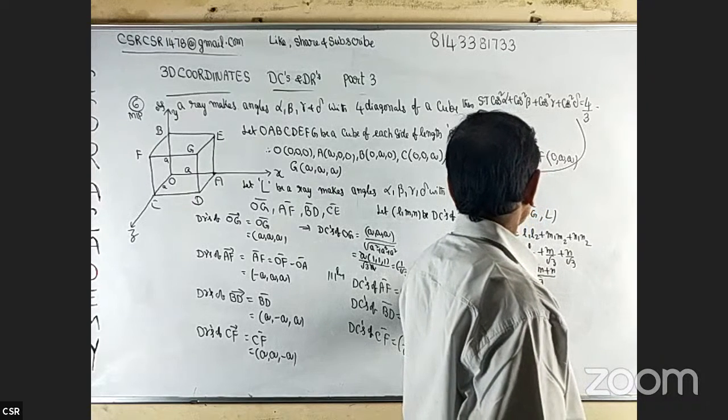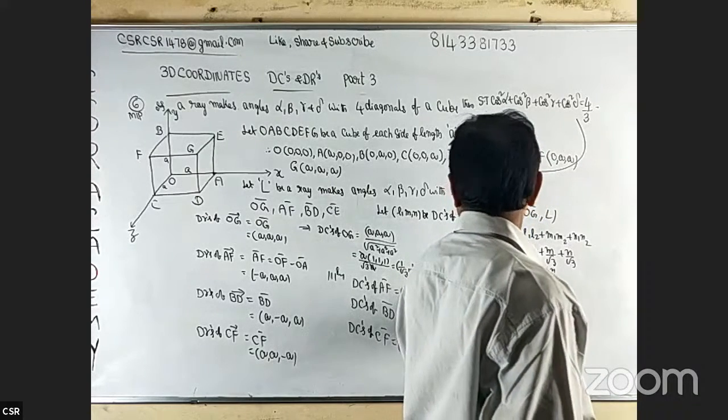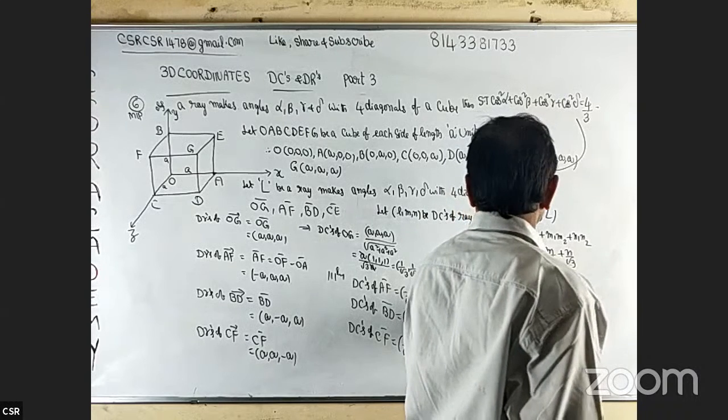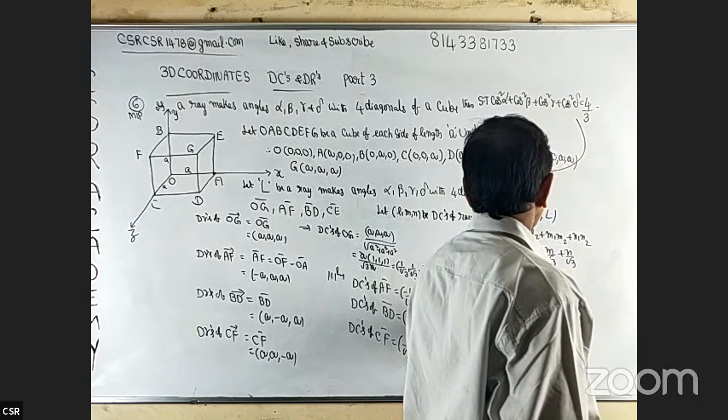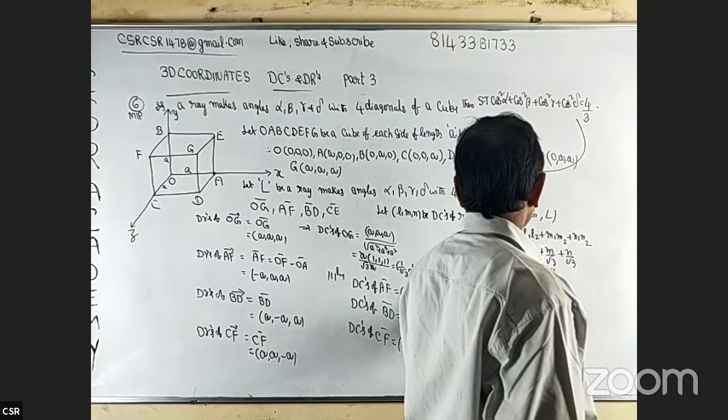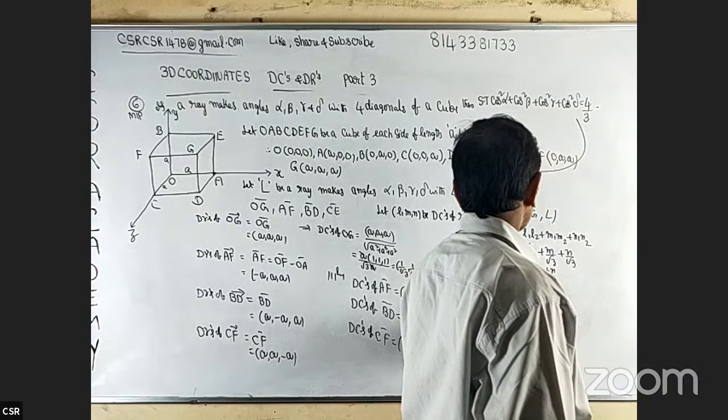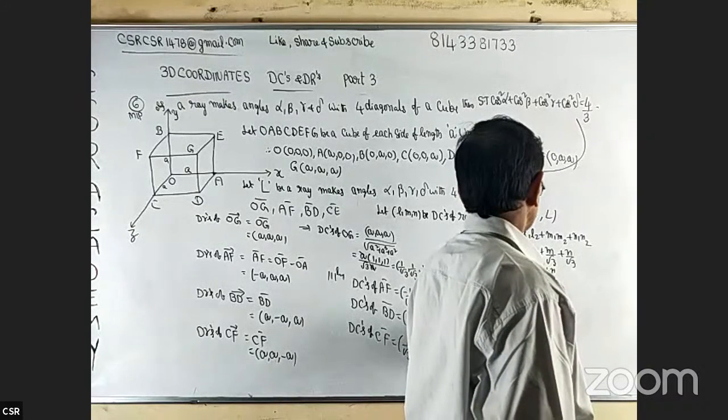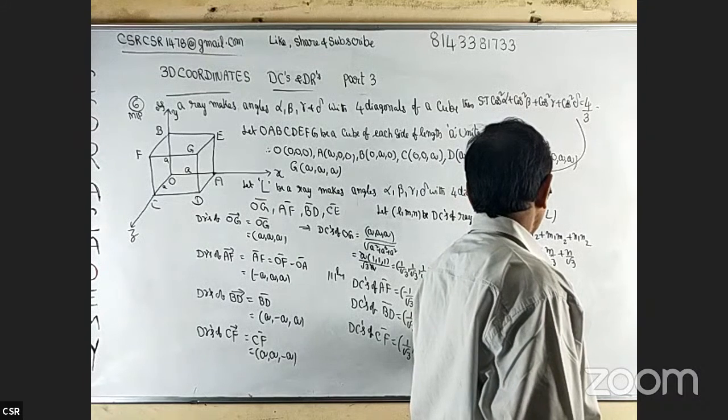Similarly, beta is the angle between AF and L. This implies cos beta is equal to (minus L plus M plus N) by root 3.